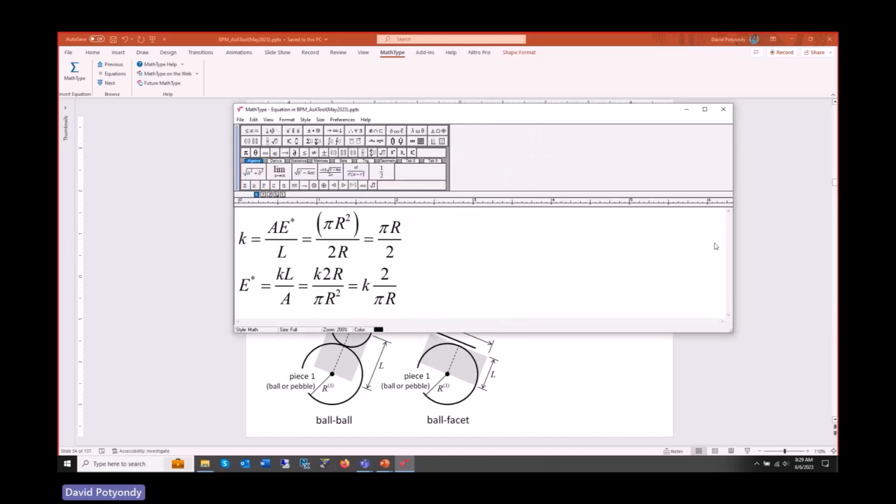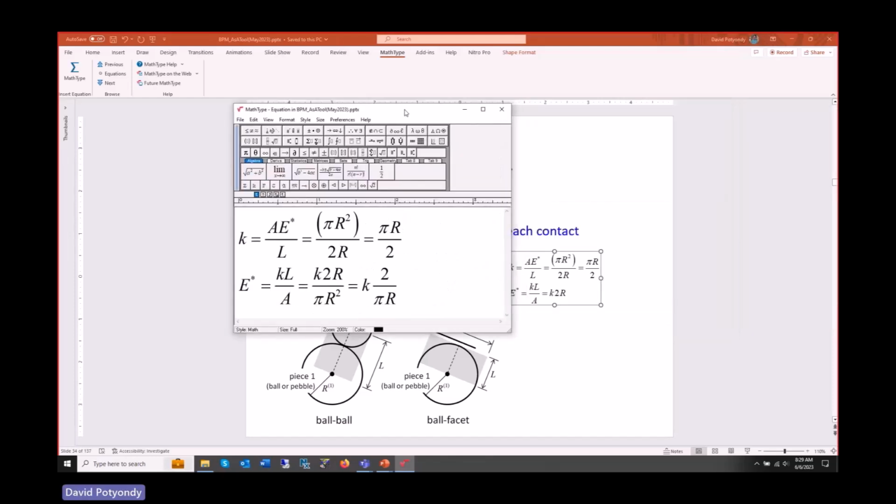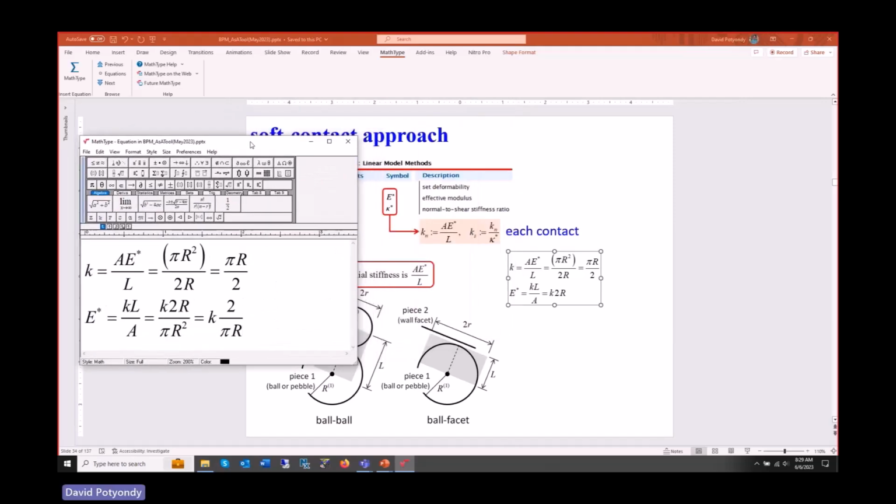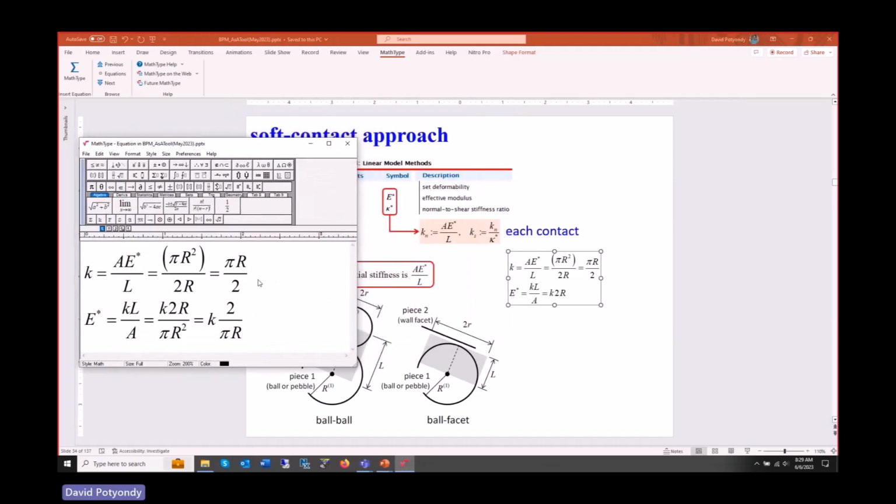We'll actually demonstrate this tomorrow. We're going to build a synthetic sandstone, and we're going to first just set Kn to be constant. And we'll build two specimens, one with a certain size radius, and we'll measure E, okay? And then we'll build another specimen that's got smaller balls, and we'll measure E. And we're going to see that we're going to get different values of E. But if we specify E star, that's the same for both, we're going to find out that we're going to get the same value of E, okay?